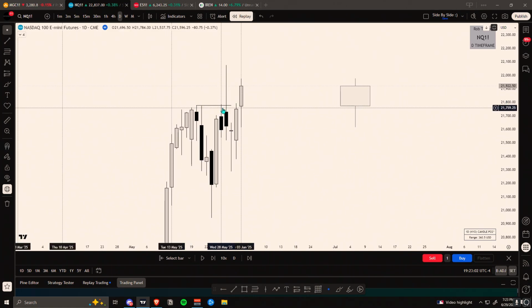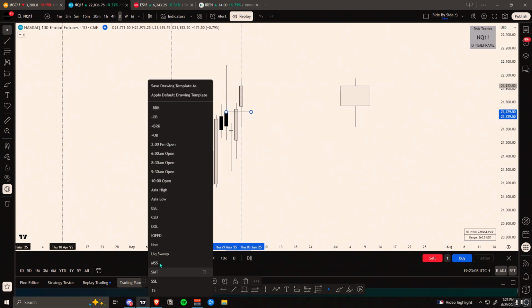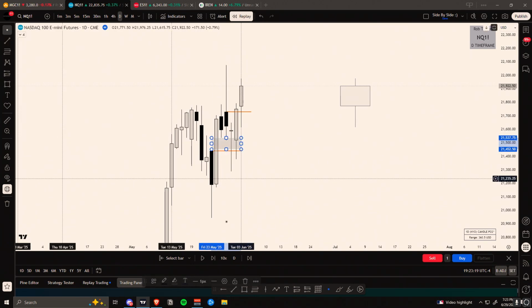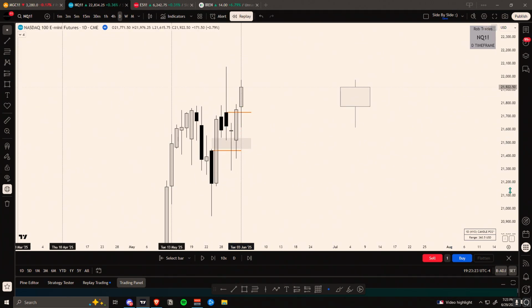See how we take the high and then immediately come back in the range? But I like this here, closing above the last down close candle. And what did we do? We're using this down close candle as support and this fair value gap here. And then now we should be expecting some sort of continuation.